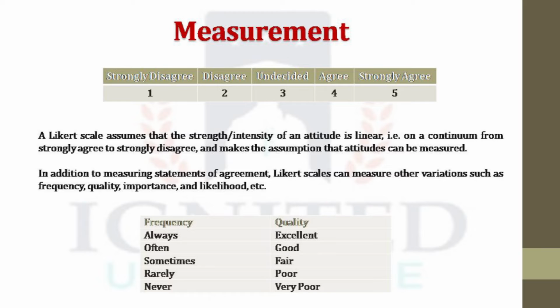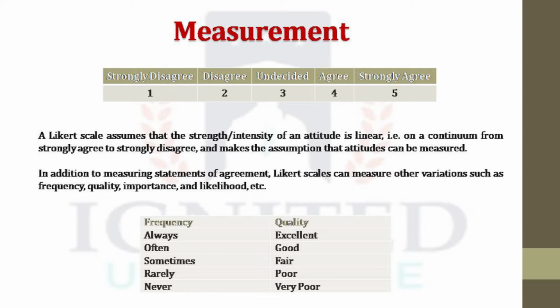And this makes the assumption that attitudes can be measured. In addition to measuring statements of agreement, Likert scale can measure other variations such as frequency, quality, importance, and likelihood. If you're going with frequency, say how often you visit this store, then it can be always, often, sometimes, rarely, never.